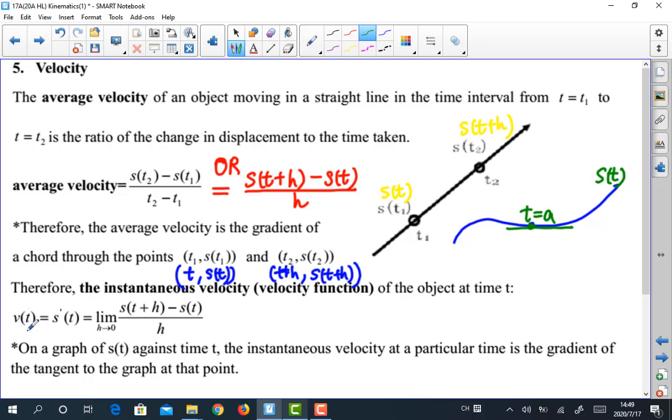Therefore, the velocity function, which is also called the instantaneous velocity, is the first derivative of the displacement function, which is the limit of this slope of the chord. So the slope of the chord with the limit when h approaches 0 becomes the slope of the tangent line to the curve at a particular time. So on a graph of s of t against time t, the instantaneous velocity at a particular time is the gradient of the tangent to the graph at that point.